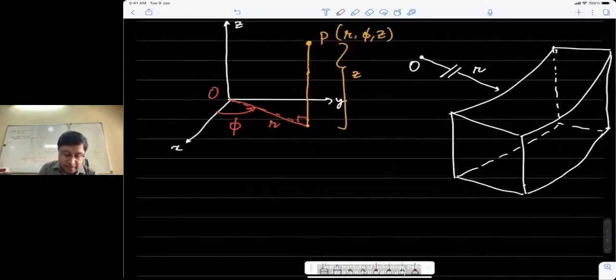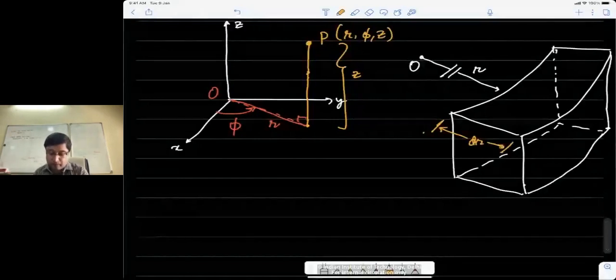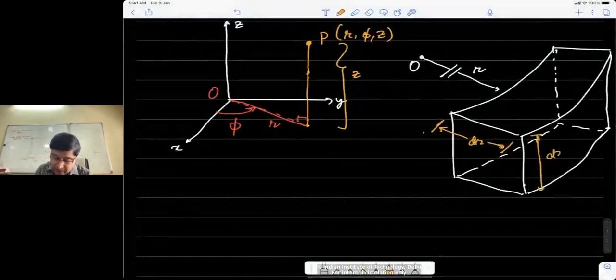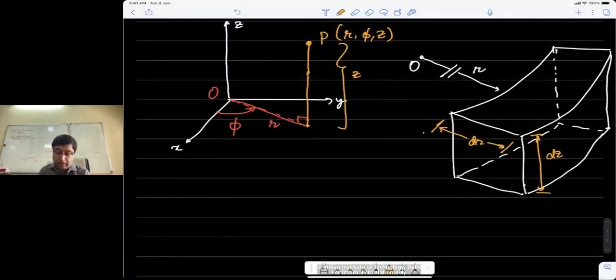Since it's at a distance r, the distance along the radial direction in the differential element is dr. So that is the thickness of the differential volume. The height, or the distance along this direction, is dz. And then interestingly, the distance along the curved section, which is where the angle phi comes in, will be r d phi. So this curvilinear section has a length of r d phi.